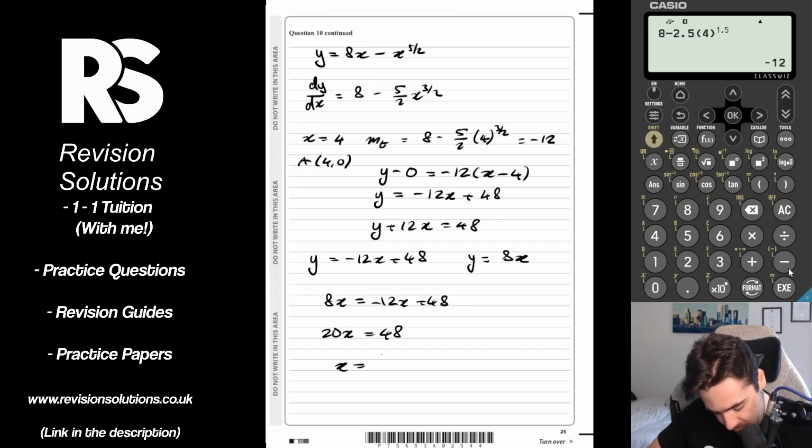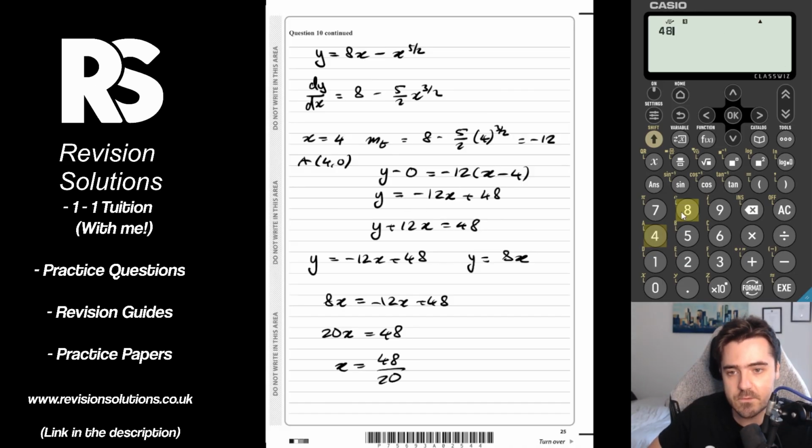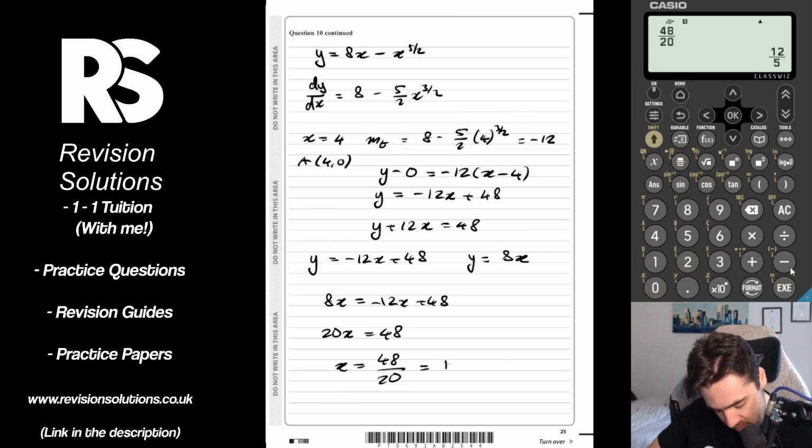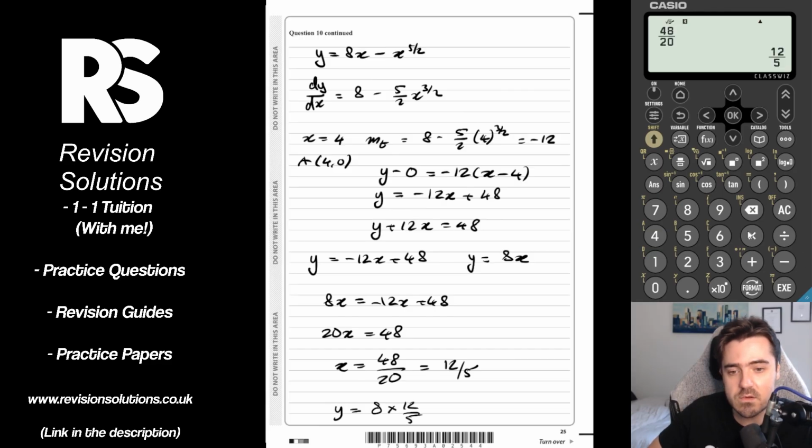So x is 48 over 20. And I'll just use the calculator to simplify that for me. That's 12 over 5. And then we're going to need the y-coordinate of that. So the y-coordinate is going to be 8 times 12 over 5. So just times our answer in our calculator by 8, which is 96 over 5.